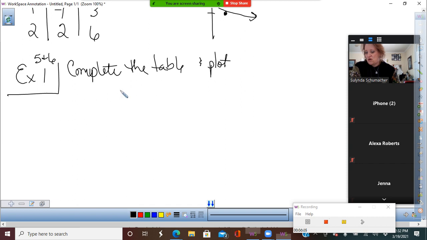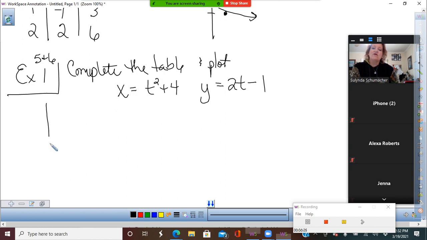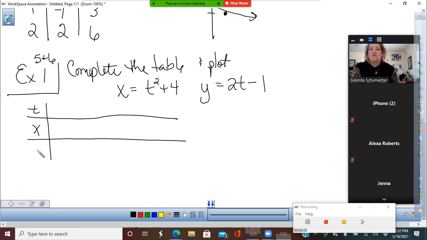So let's say I have X equals T squared plus 4 and Y equals 2T minus 1. The tables in our book, of course, are horizontal. They put T on top, X, and then Y. And again, we're going to use -2, -1, 0, 1, and 2.